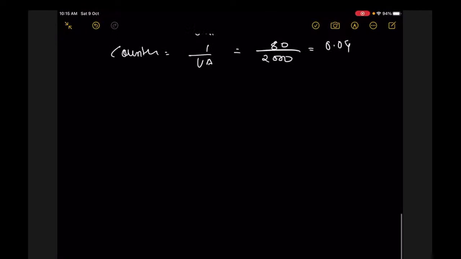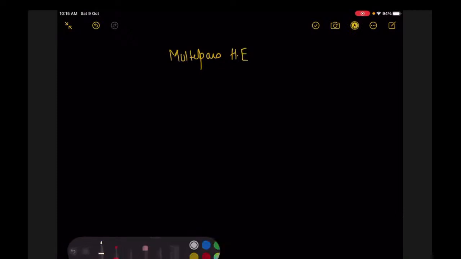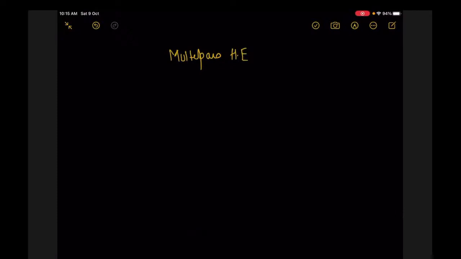Now give the heading Multipass Heat Exchanger. What is multipass? That is shell and tube heat exchanger.